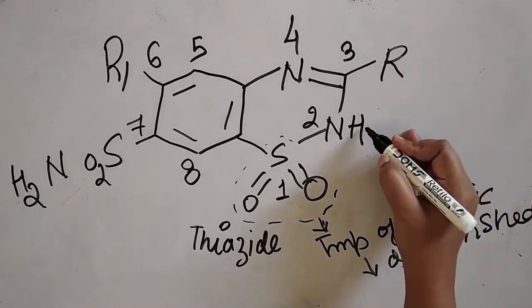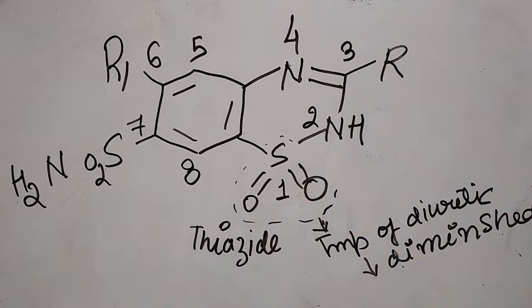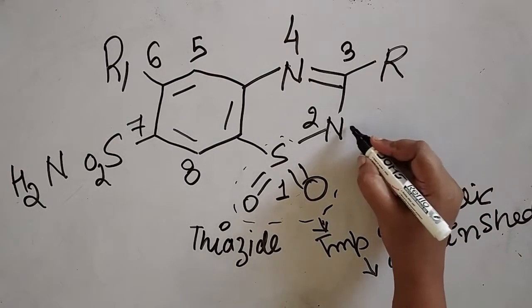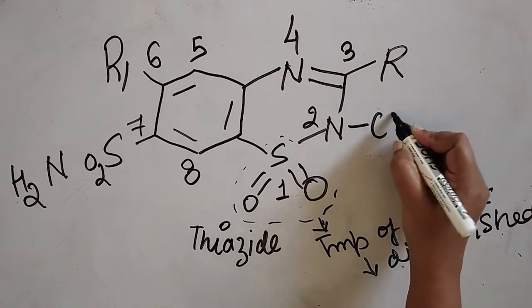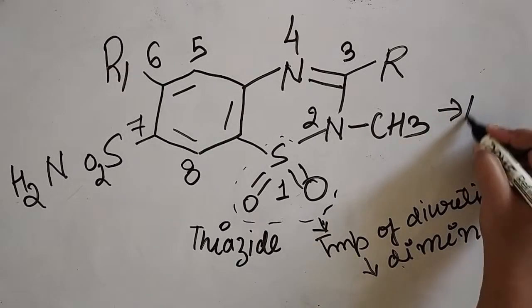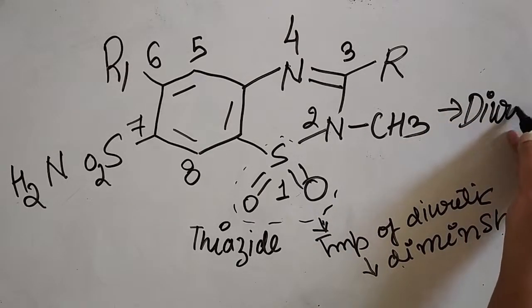Now let's go to the second position. At the second position, we can replace this hydrogen with a methyl group. Previously hydrogen is present, now we can replace that hydrogen with a methyl group. If we replace that hydrogen with a methyl group, it will show diuretic activity.